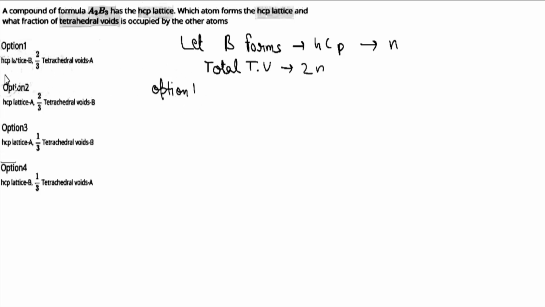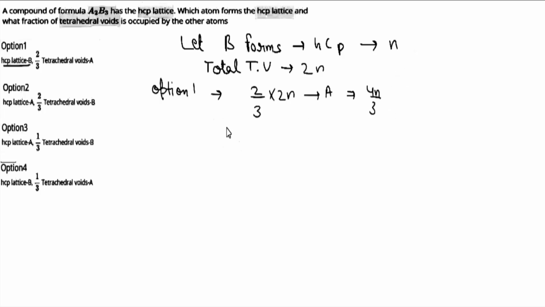Checking option 1, since it is given HCP lattice formed by B and 2/3 of the tetrahedral void is occupied by A. So 2/3 of 2n is occupied by A, which is equal to 4n by 3.